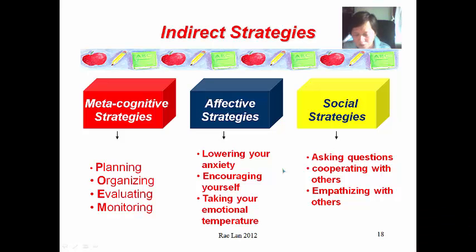All right, so finally here we are, our last slide about indirect strategies. Now, according to Rebecca Oxford, there are metacognitive strategies, affective strategies, and then social strategies.